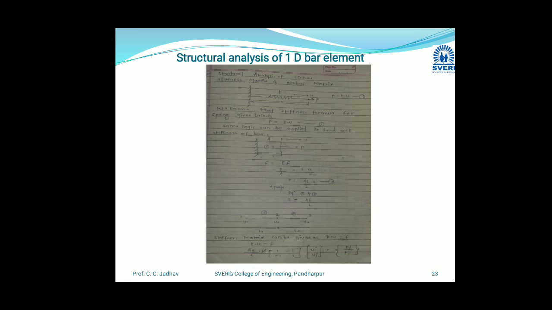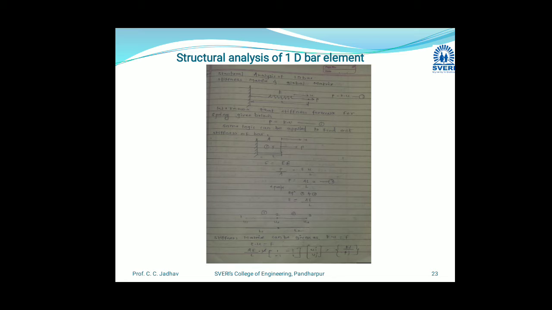From that we have to find the stiffness matrix for the given problem. What is the formula? The force is equal to K into u, where i and j are the element nodes. In this problem the number of elements is 2 and the number of nodes is 3.